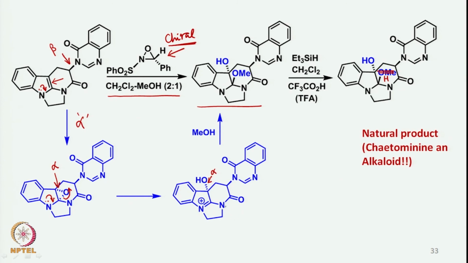So the methanol basically is attacking onto the ammonium ion here, and this positive charge is neutralized to form this, where the methoxy group has come from the beta side.